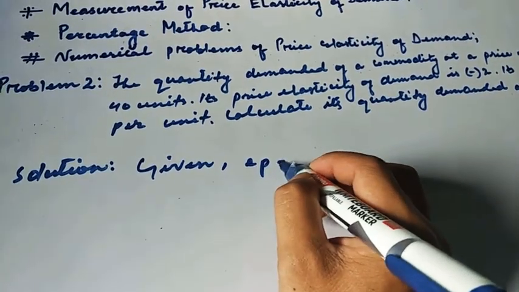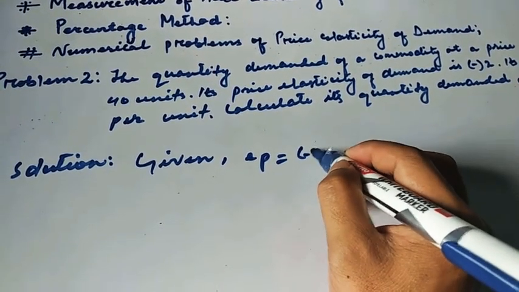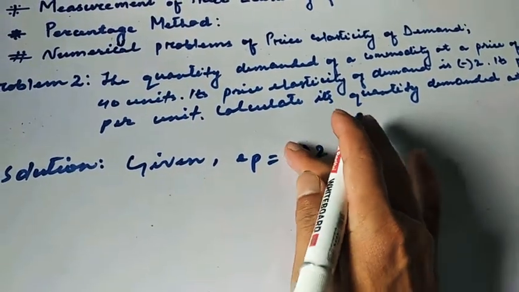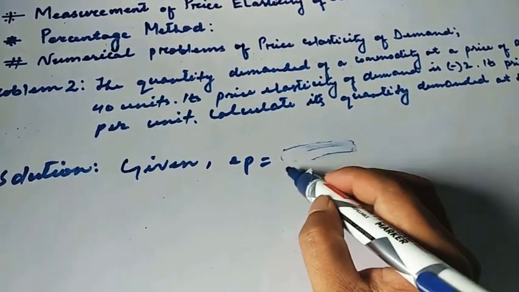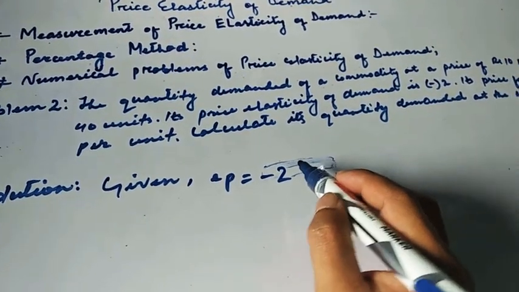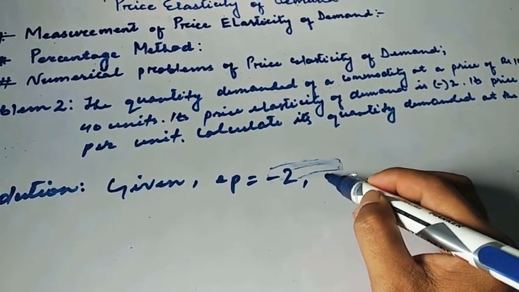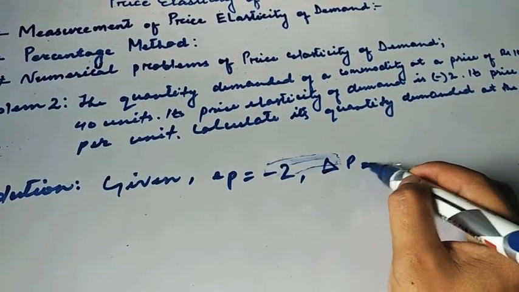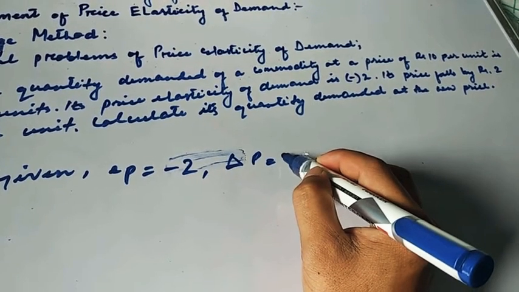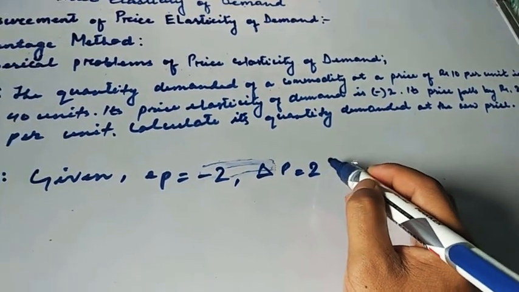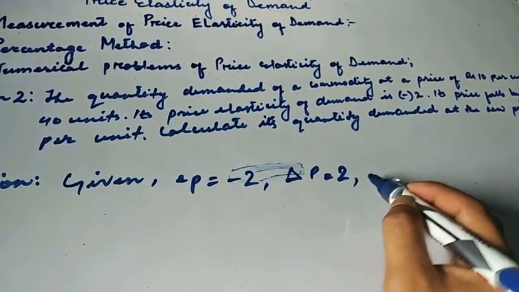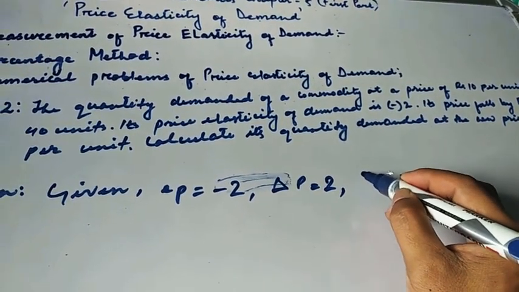Price elasticity is given as minus 2. Change in price is rupees 2, since the price has fallen by rupees 2.